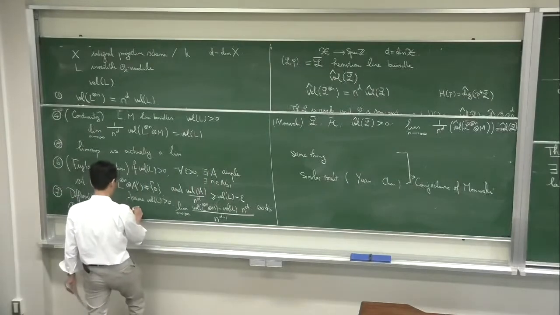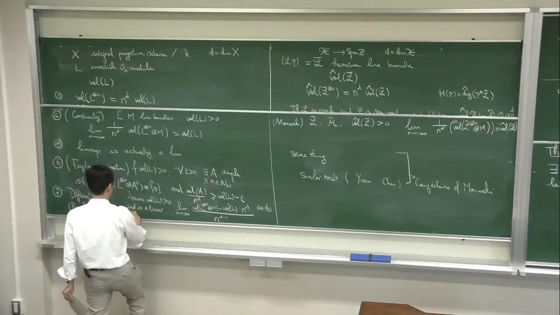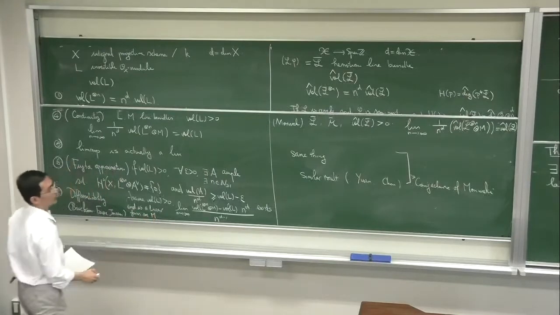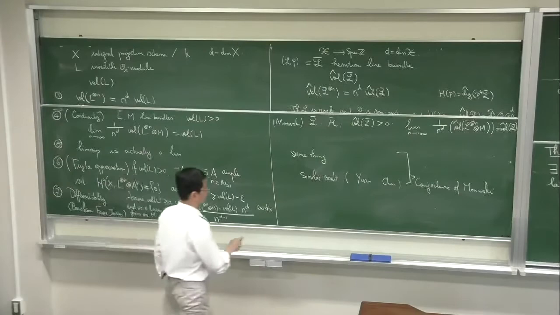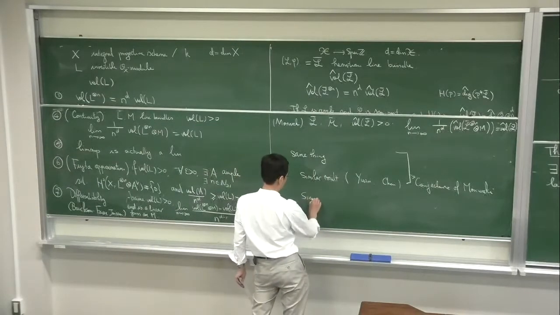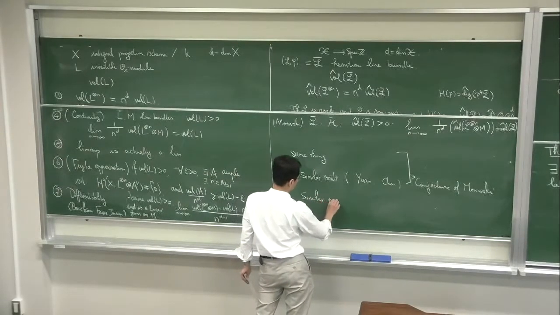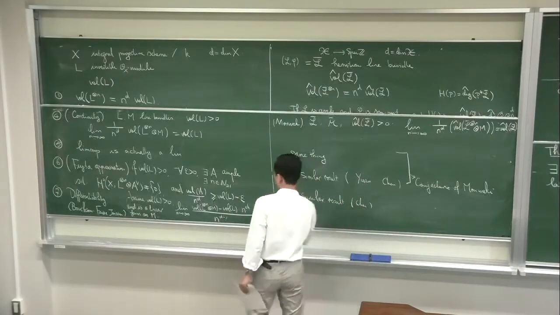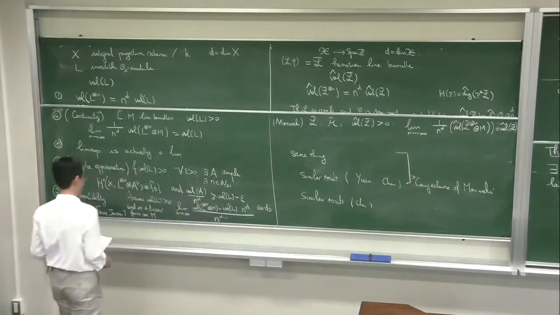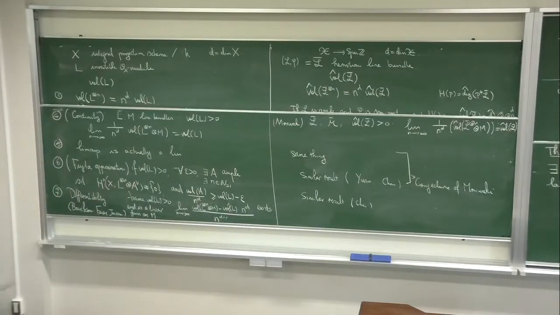Not only does such a thing exist, but it is also a linear form on M. So here you have a similar result. It's proved by myself, using somehow a very similar idea.